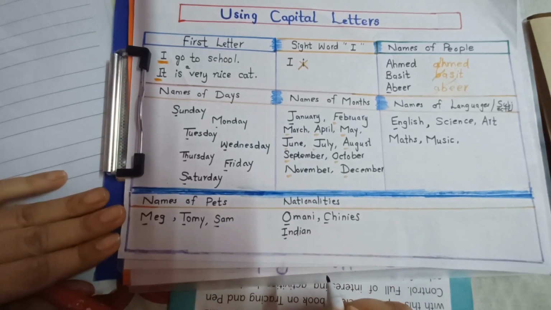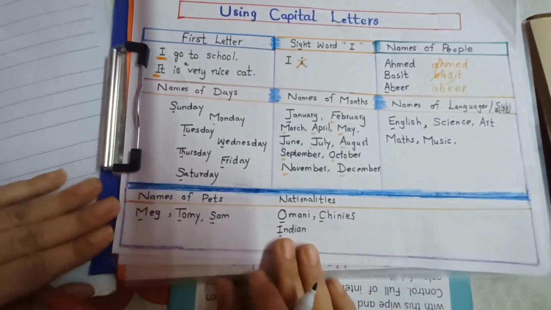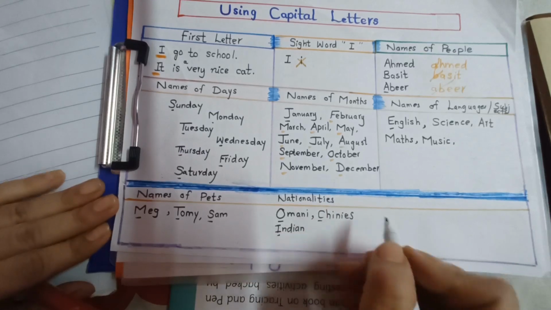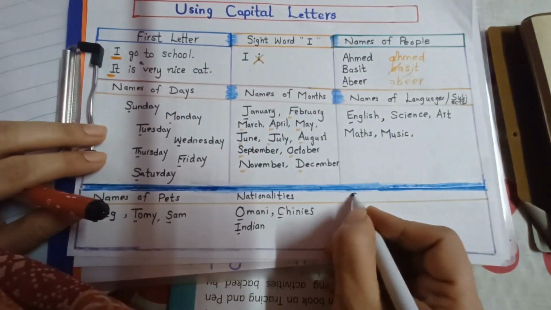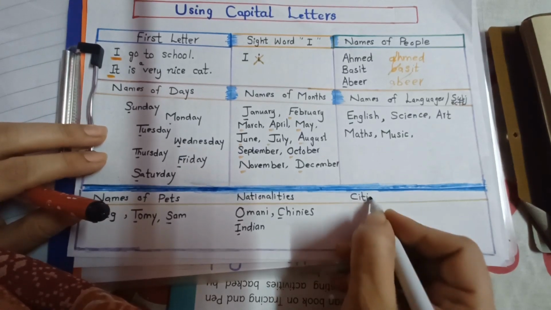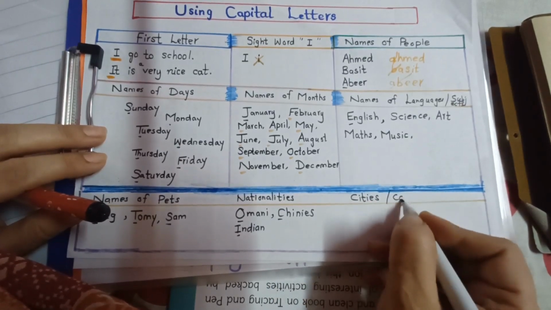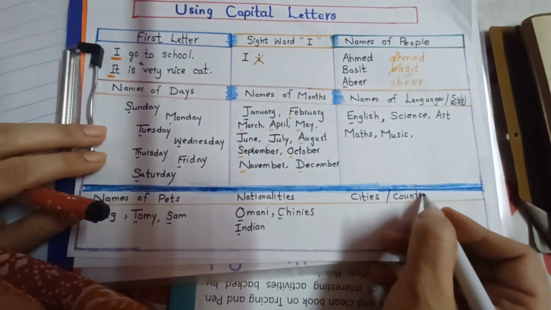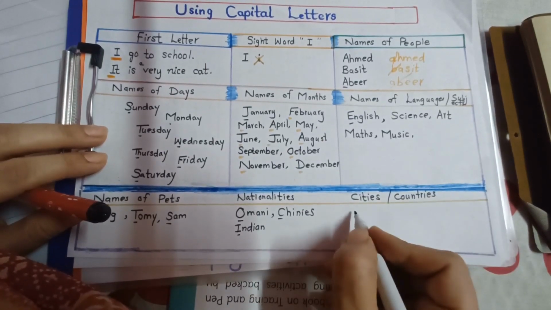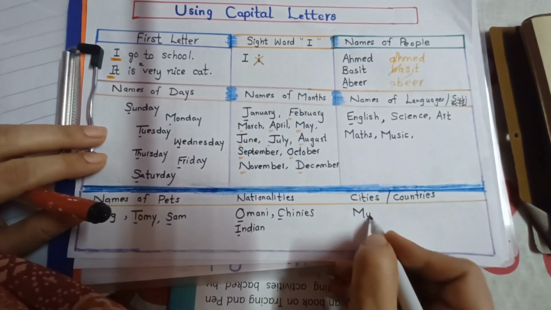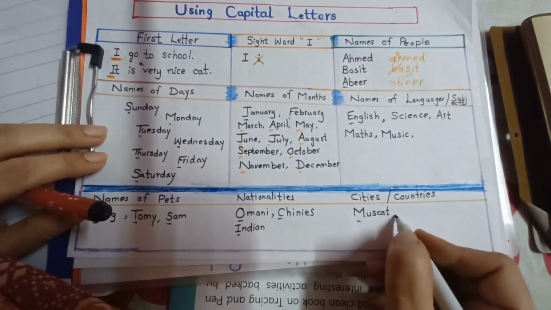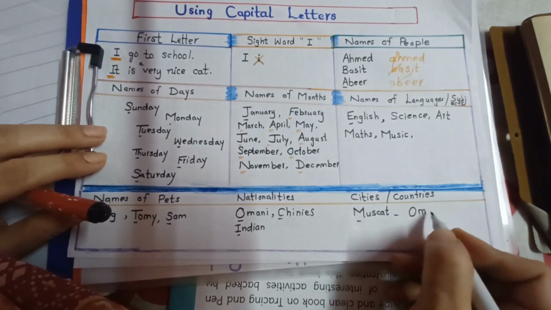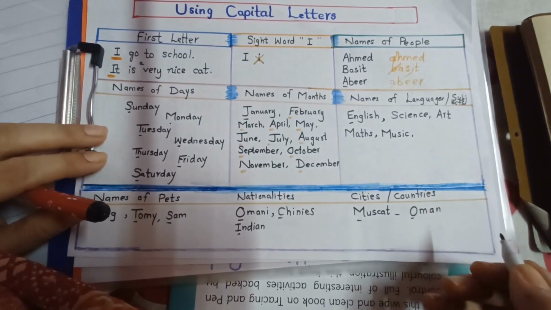And also the names of places, like cities and countries. Muscat is a city. Muscat, M should be capital. Oman is a country. Oman, O should be capital.